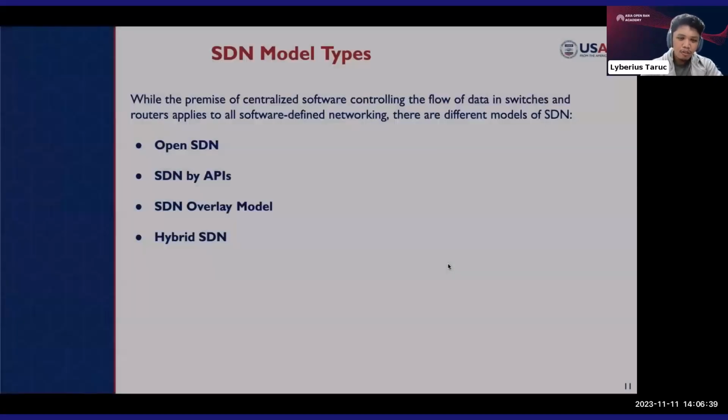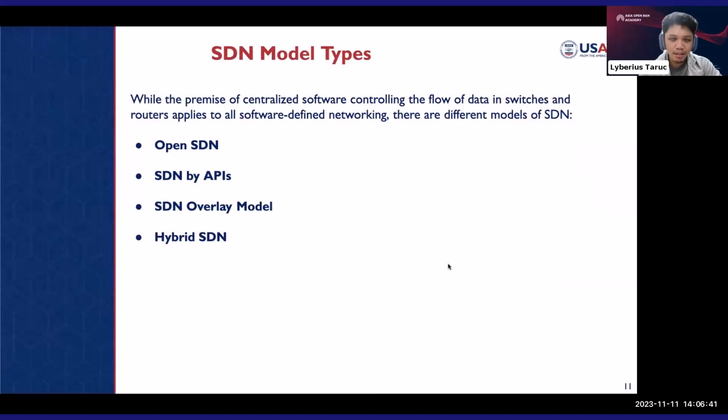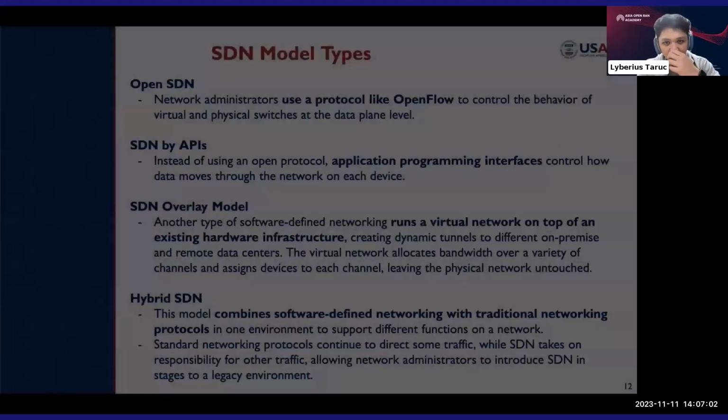Okay, so for how it is being applied, while the premise of centralized software controlling the flow of data in switches and routers applies to all SDN, there are different models. Okay, so how you can apply SDN, these are the high-level ones. You have Open SDN, SDN via APIs, overlay model, and hybrid. So we'll just briefly discuss them.